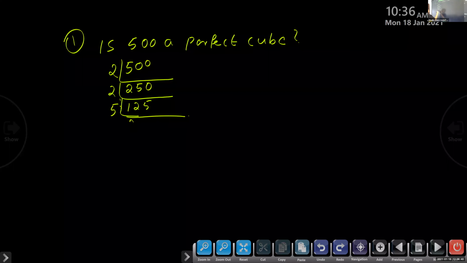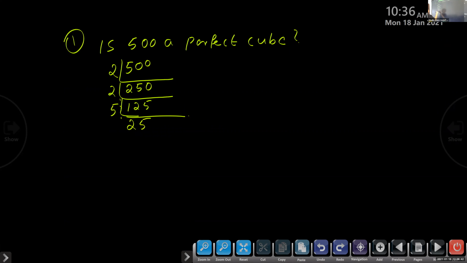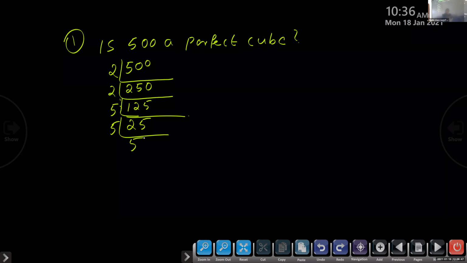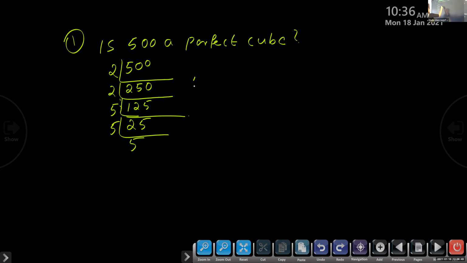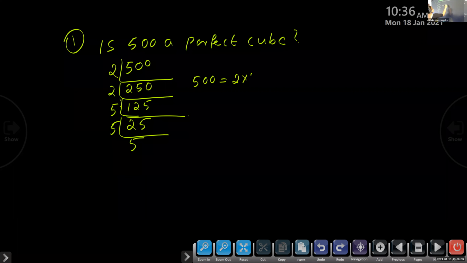Okay, so 500 can be written as prime factors 2 into 2 into 5 into 5 into 5.